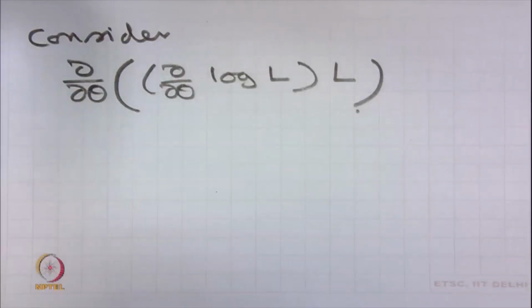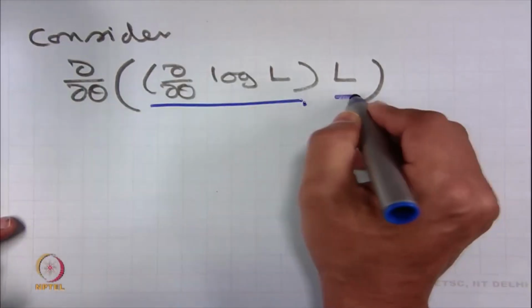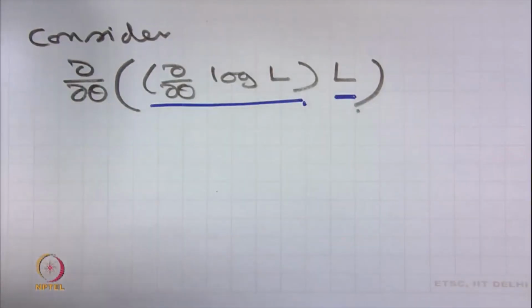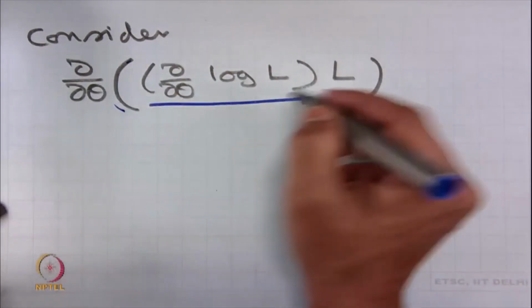Let us consider the product del del theta log L and L, and let us consider its partial derivative with respect to theta.